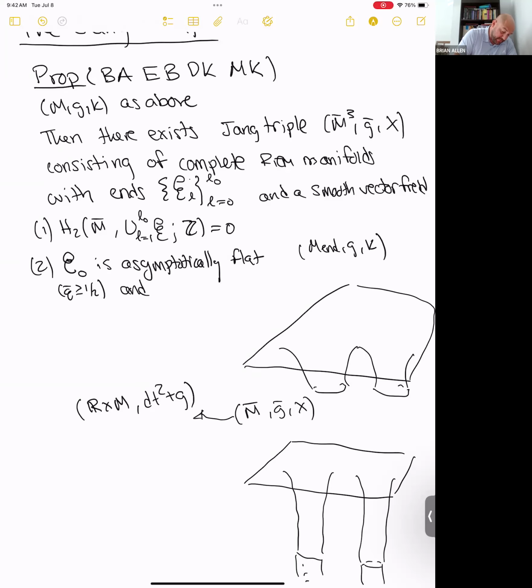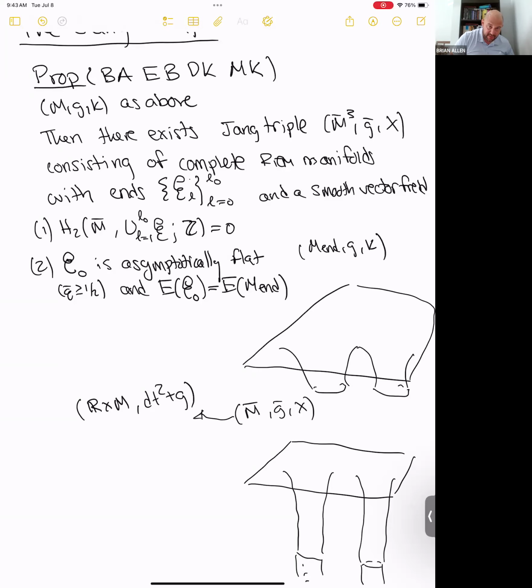And the energy of the end is the same as the energy of the original end. Okay, so you get to take your original end and transfer it to this Jang graph without changing the energy.